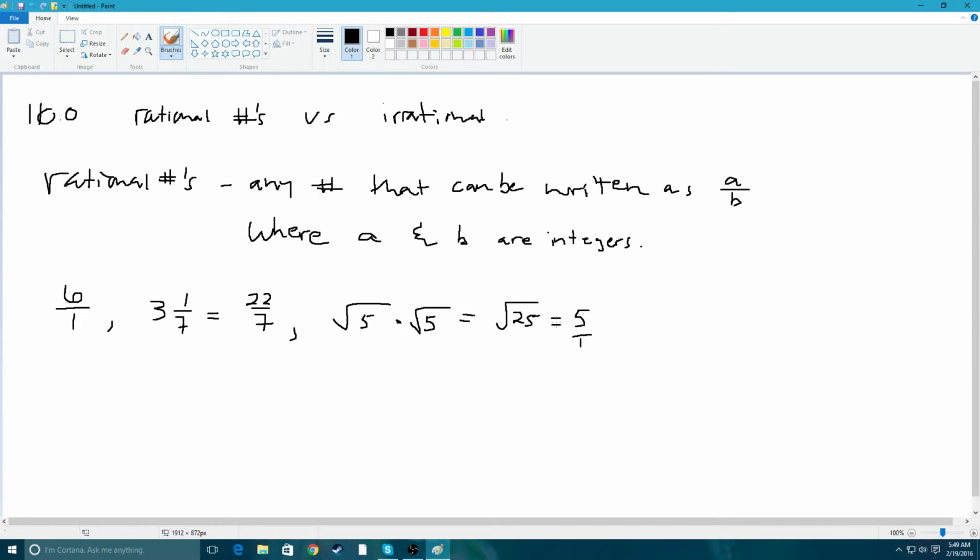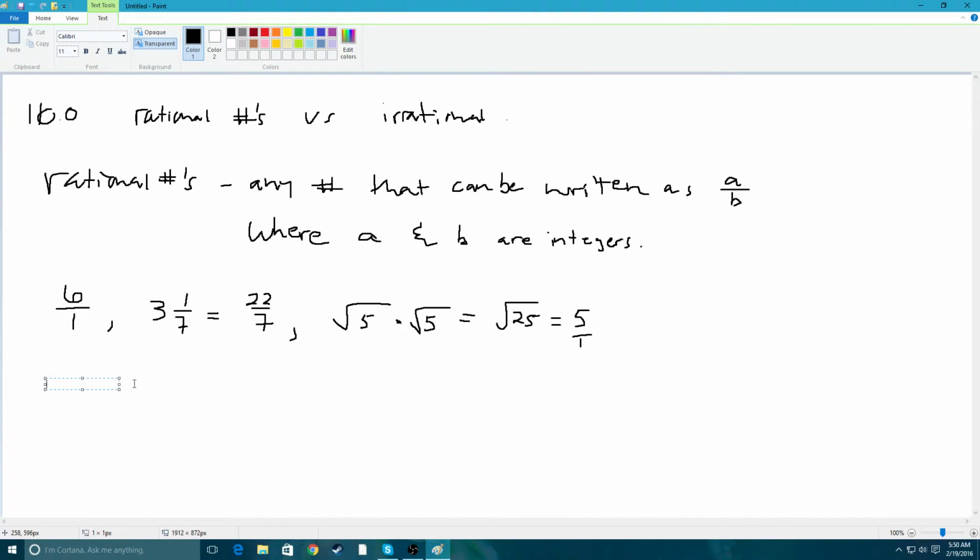Irrational numbers. So irrational numbers, a little bit bigger.